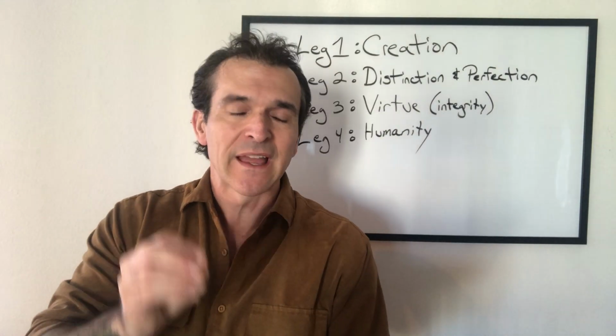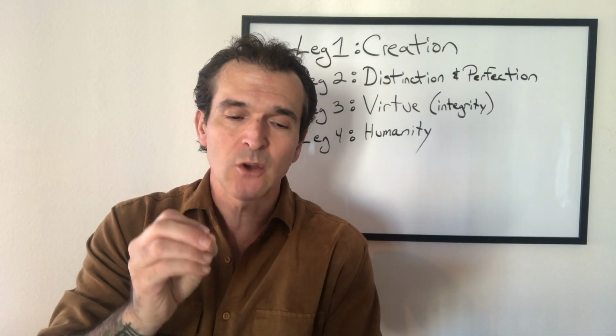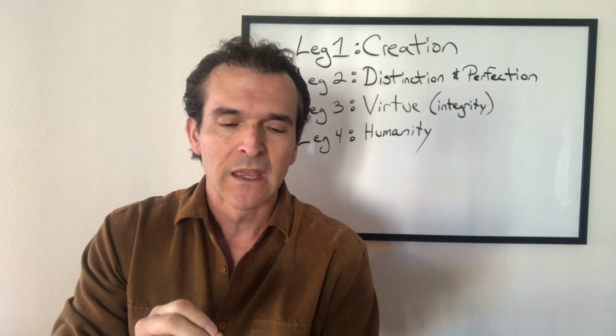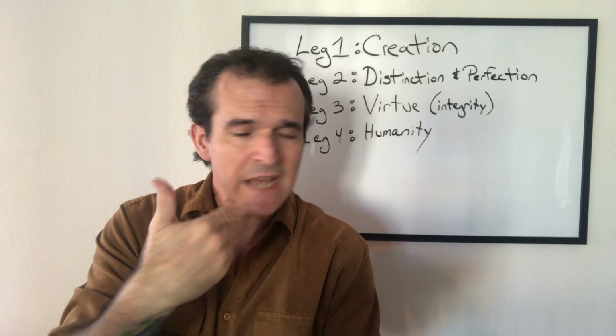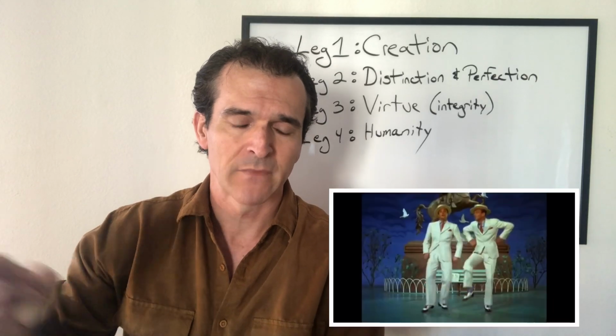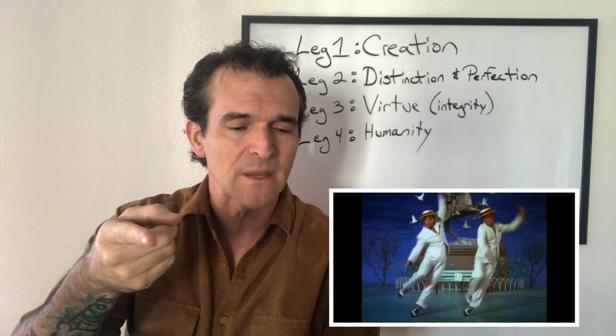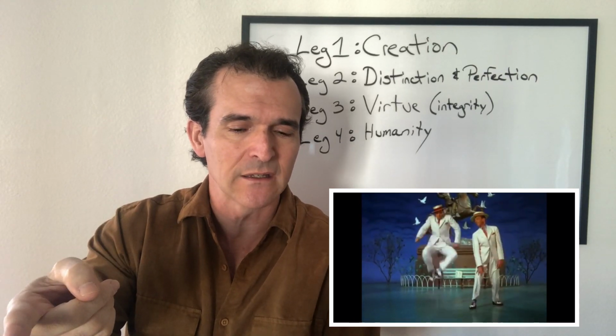You might think that the leg of distinction and perfection incorporates this component of the stool, but that's not the case, and here's why. There are many tap dancers who can perform a time step flawlessly, but their time steps aren't as exhilarating as the time steps of a Fred Astaire or a Gene Kelly.